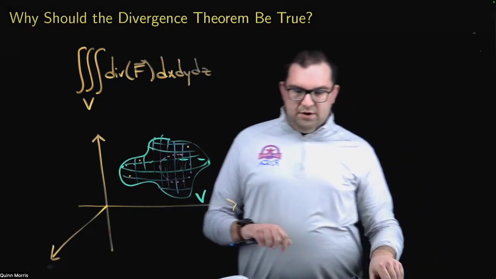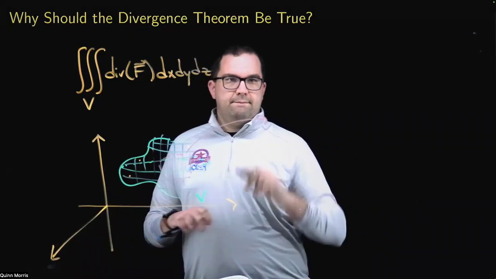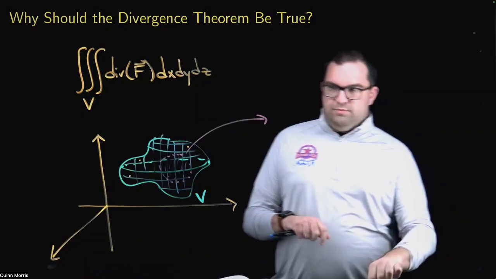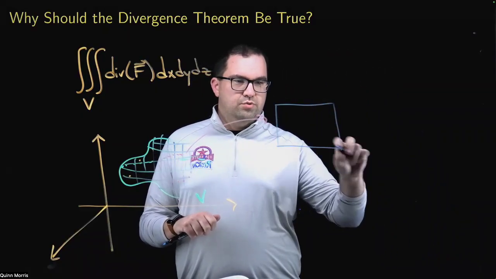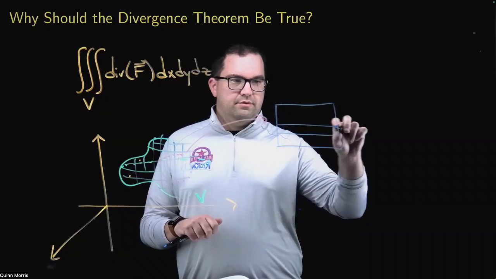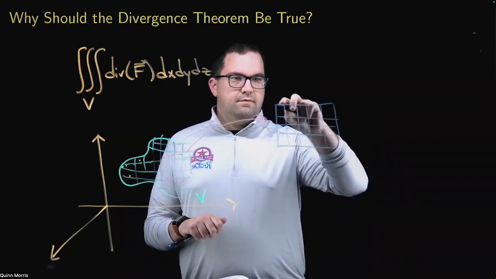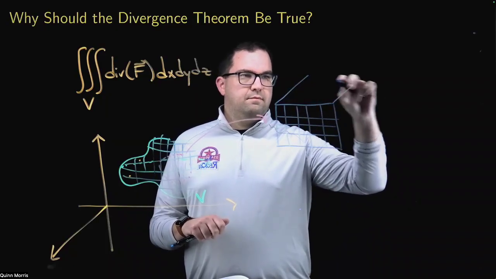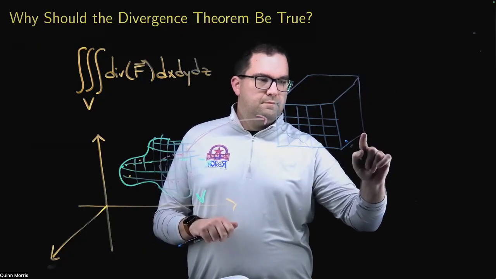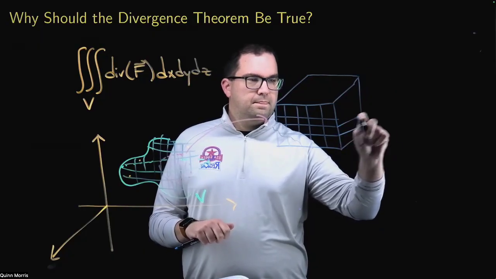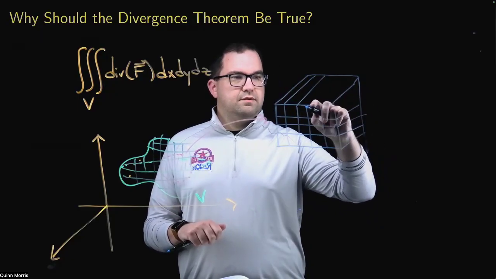So I'm going to zoom in here, and I'm just going to end up with this thing that looks like a bunch of cubes glued together. I'm not a great artist, but it's okay.